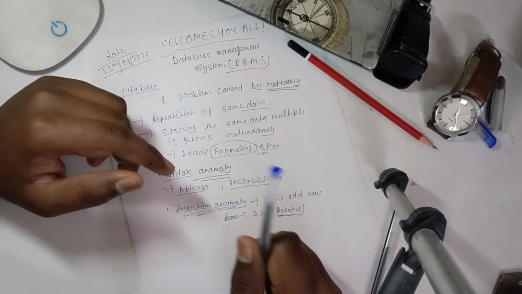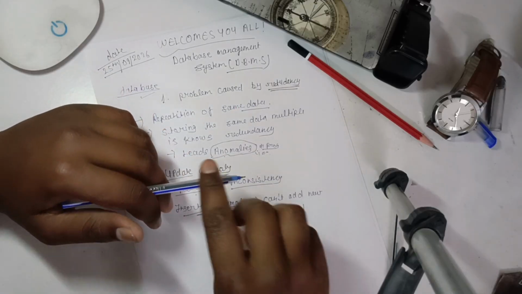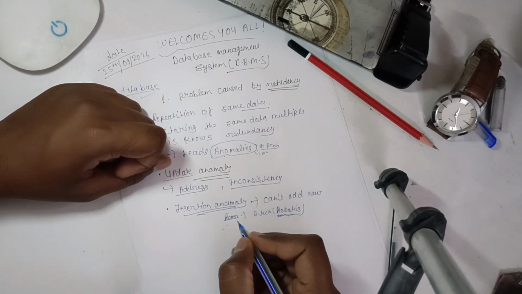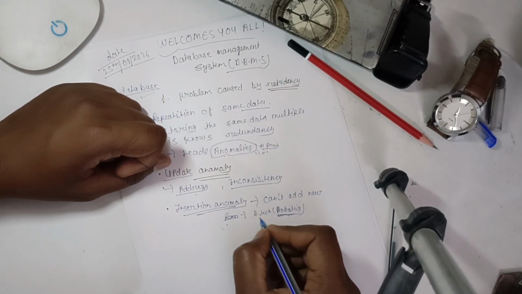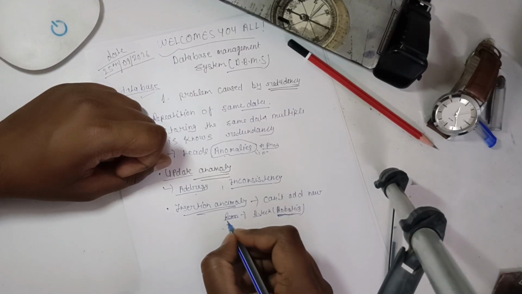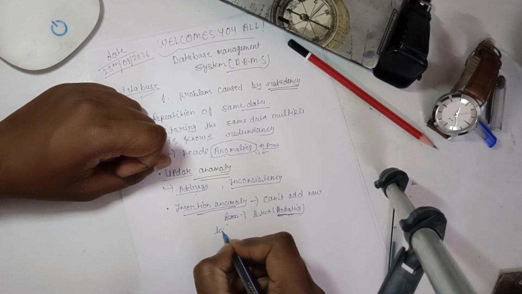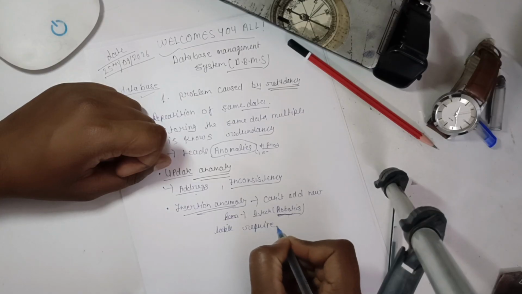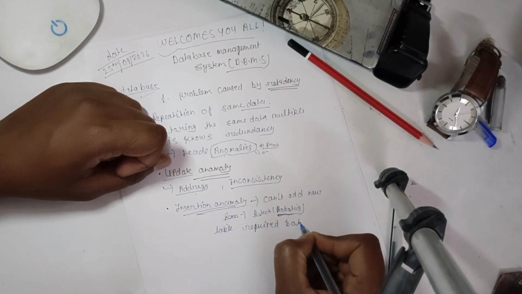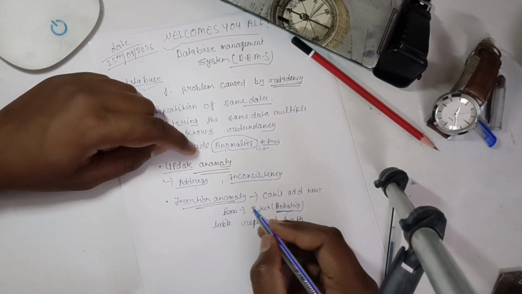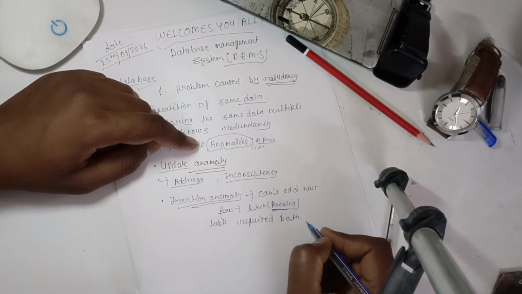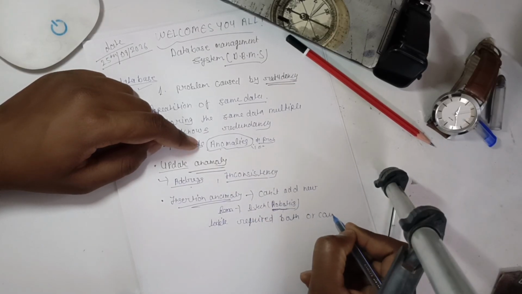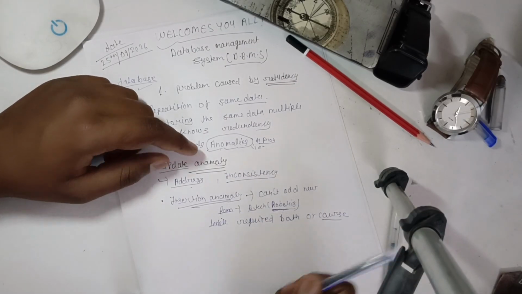I hope you are getting what I'm trying to say. So basically the table requires both the student name and the course also. I hope you have understood.